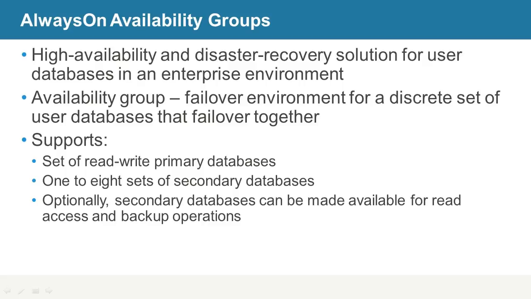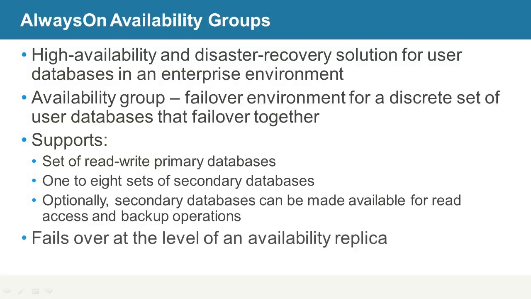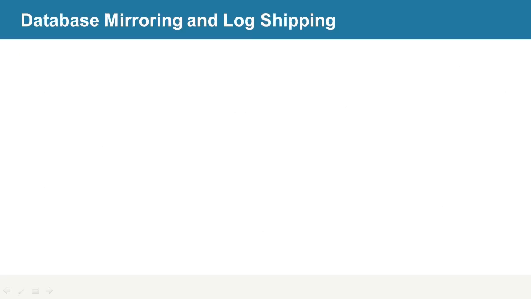And they're still transferred over to the secondary copies, but you can do things like issue queries, generate reports, and, of course, do backups from those secondary copies, which aren't as busy as the primary copy. So it allows for a little bit of load balancing at the same time. The failover level in this case is one of the availability replicas. If any one database fails over, it moves to another copy of that database.